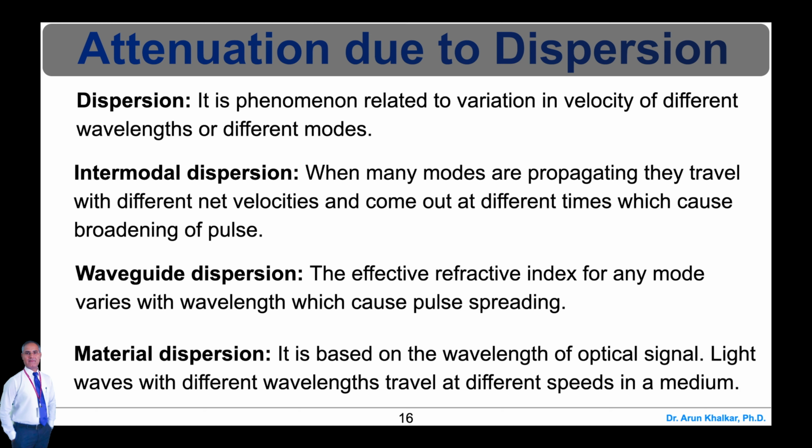The short wavelength waves travel slower than the long wavelength waves. Thus, material dispersion can be reduced using a monochromatic light source. Hence, laser light is very much suitable for optic fiber communication. These are important parameters which are responsible for the attenuation due to dispersion.